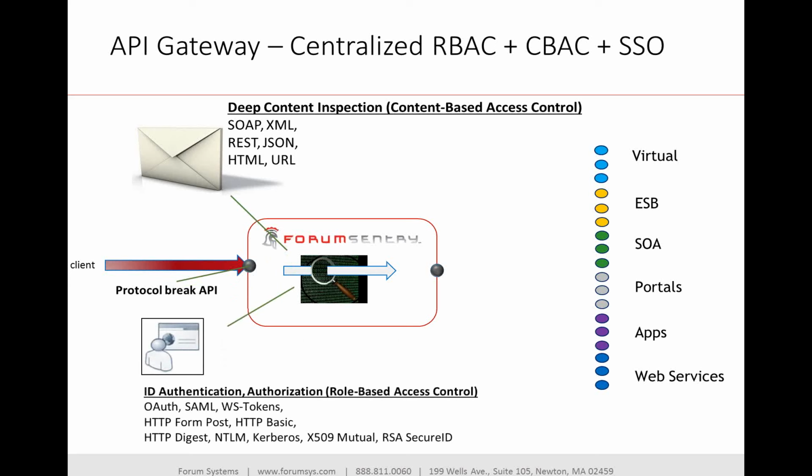Centralizing it here again gives you that entire spectrum of authentication and role-based access control authorization regardless of the kind of credential. So by this very abstraction of an API gateway, you no longer have to require your clients to adhere to a specific paradigm.